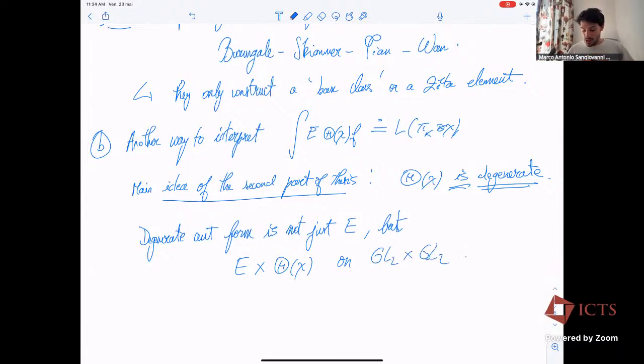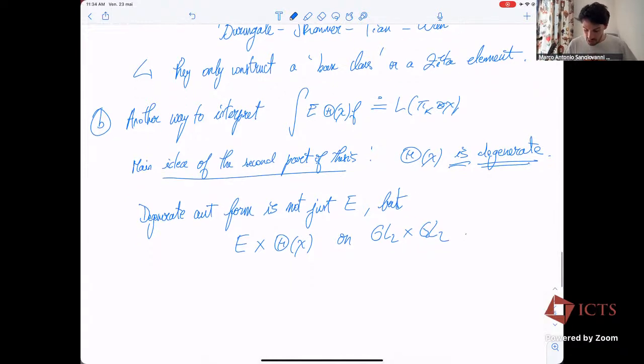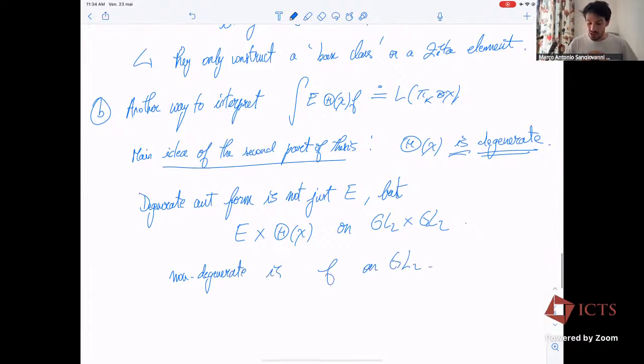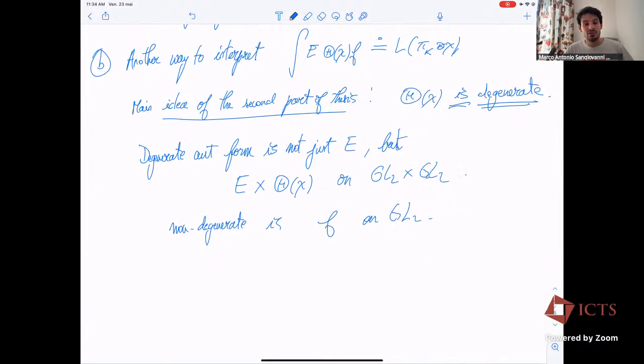Okay. And the non-degenerate one is f on GL2. So this Rankin-Selberg integral becomes a pullback integral.